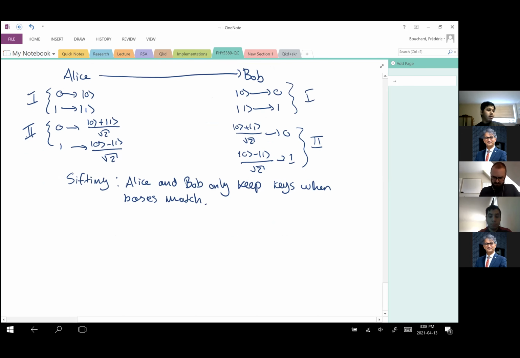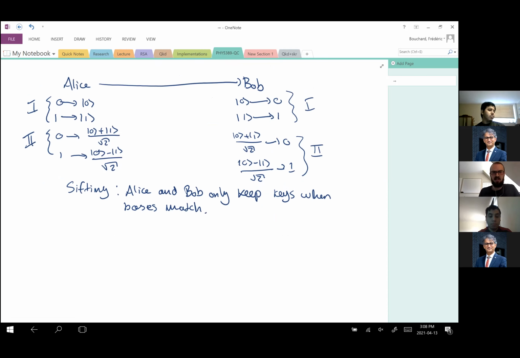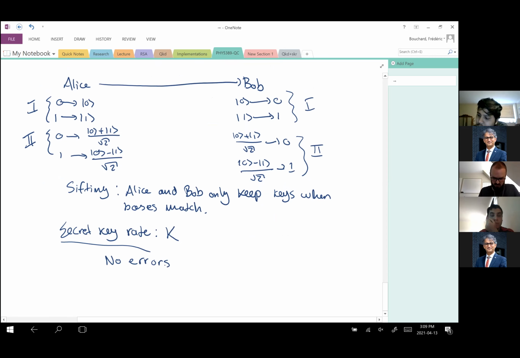And that means if you actually look at how many bits of secret key you can generate per second, what you have to look at is the secret key rate. This is the secret key rate. And if you have no errors, K will be equal to 1/2.